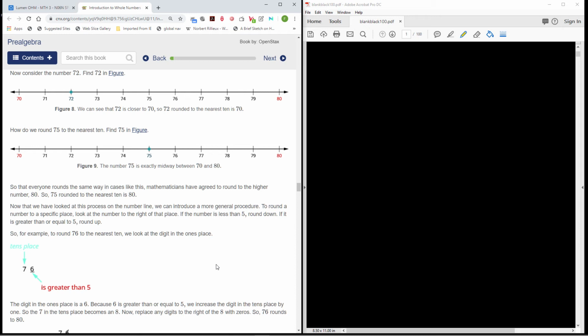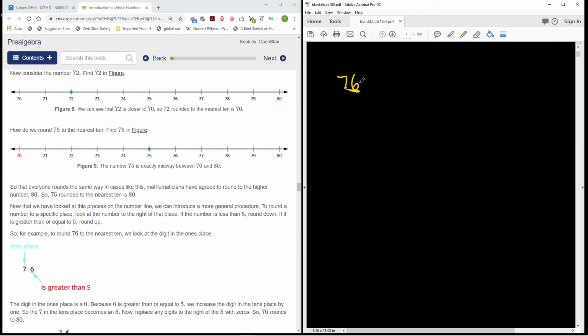So when we're rounding 76 to the nearest 10, we have 76 here. This is a check digit to tell us whether we round up or down. We look at the ones place.